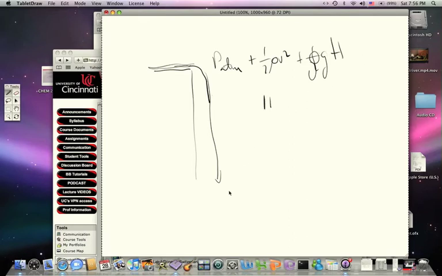As it falls, the velocity should just be increasing, going up and up and up as the potential energy decreases. So this decreases, and so the velocity, kinetic energy, has to increase.